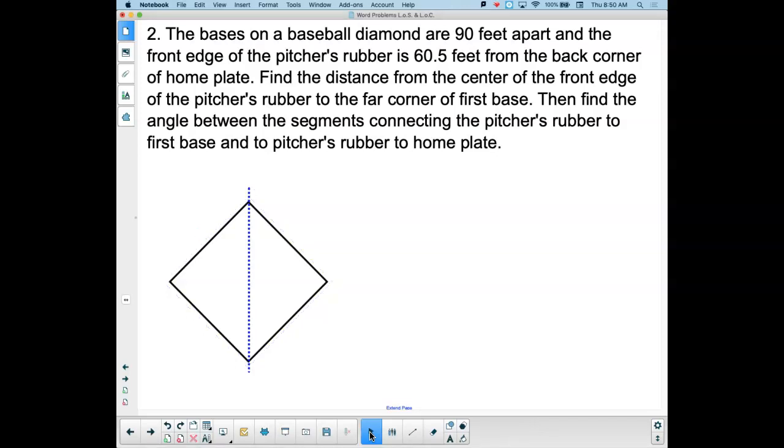Okay. So home plate is down here. Pitcher's rubber is right there. What else do we know? What you got, Rod? The angle from third base.